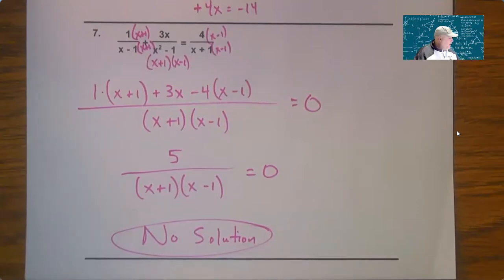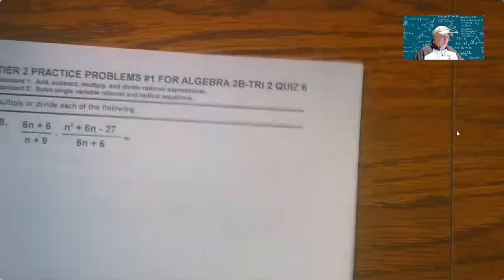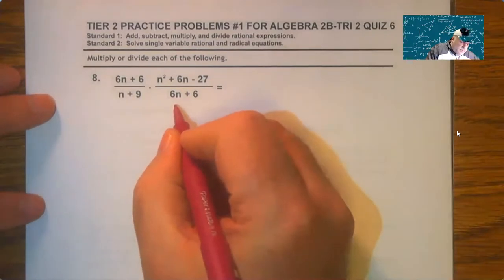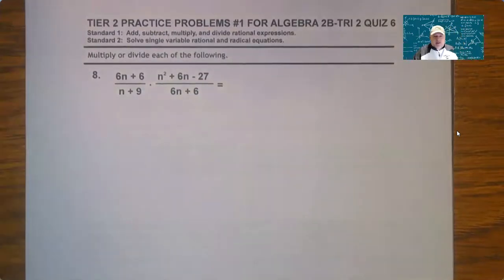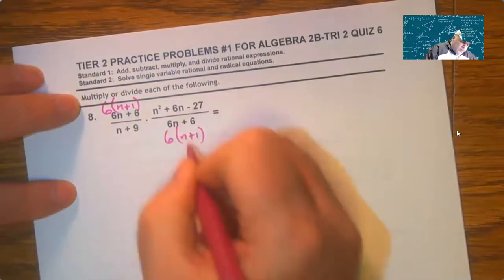Okay, 8 and 9. So you got to factor first when you see this. So this is multiplication. I added this in here. This is new this year. So you need to factor everything. So this 6 comes out as a common factor on those two.